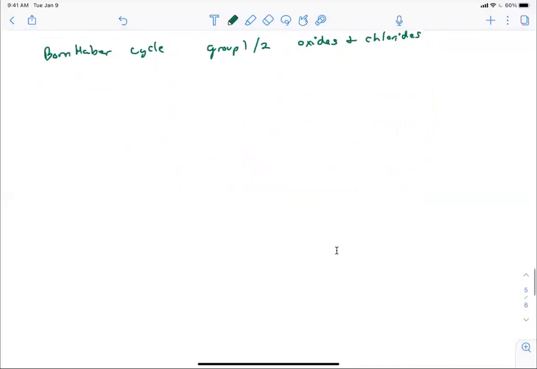For example, I'll do one that's kind of different, and again, this is an energy cycle really. Let's say you have the production of sodium oxide. That's your enthalpy of formation.